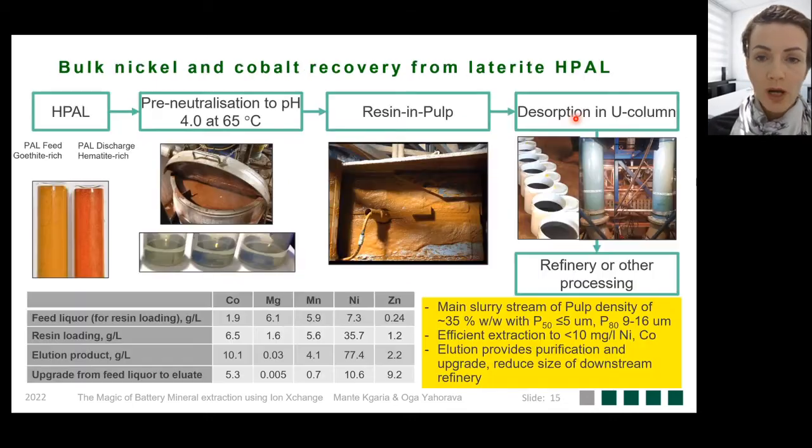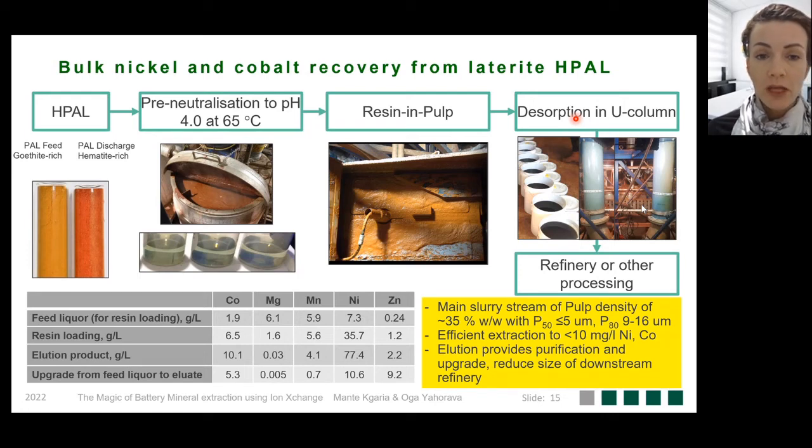For example, the demonstration pilot plant, which was run in 2018, was used to showcase that resin and pulp technology can recover nickel and cobalt efficiently, like 99% recovery, from the difficult to filter pre-neutralized pulp coming from the pressure oxidation leaching.